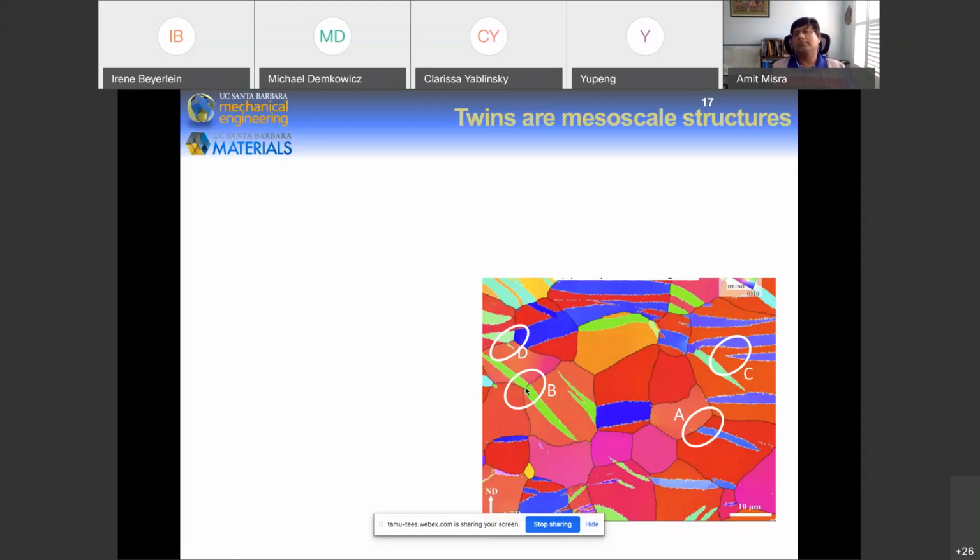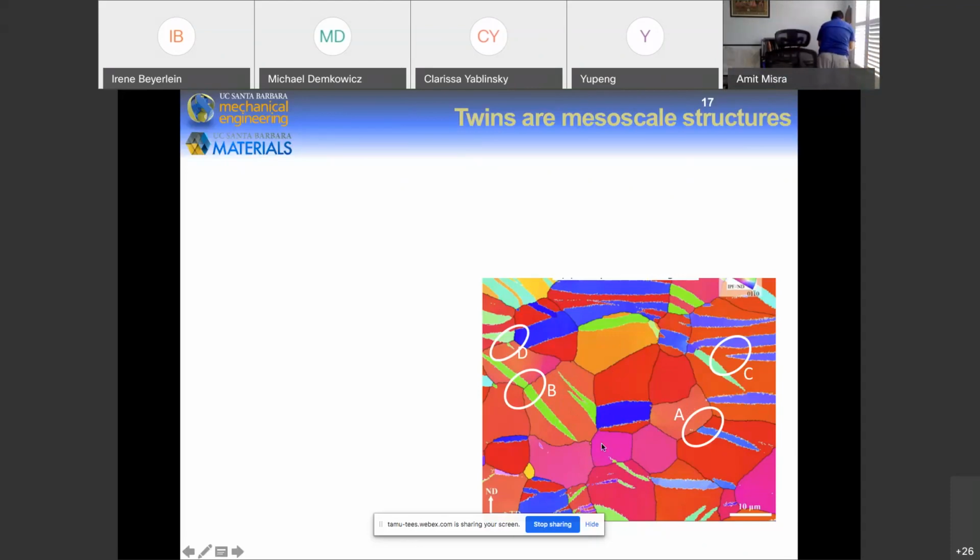And with this, you get additional information on how they're connected. You can say this twin is different from this twin because it's a different color, so it's a different orientation, and you can see how they're overlapping at this boundary. That's interesting information because it can give you an idea where it might have started.